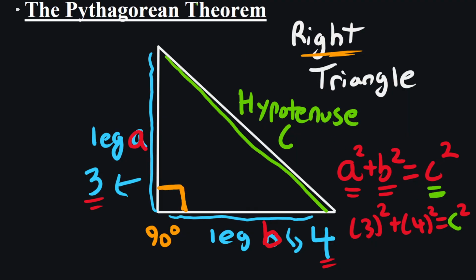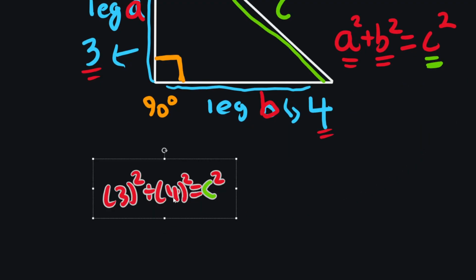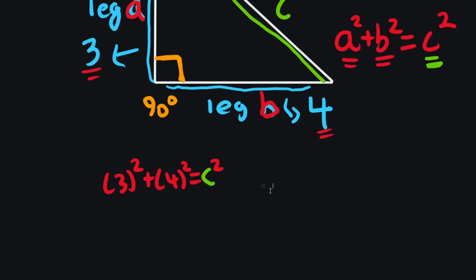Let me move this a little further down so that we can continue. So 3 squared plus 4 squared equals C squared. Let's evaluate this. What is 3 squared? 3 squared is 9. And what is 4 squared? 4 squared is 16, so plus 16 equals C squared.